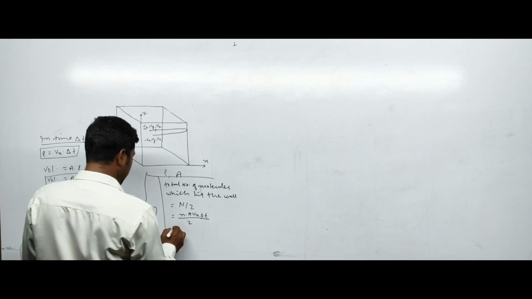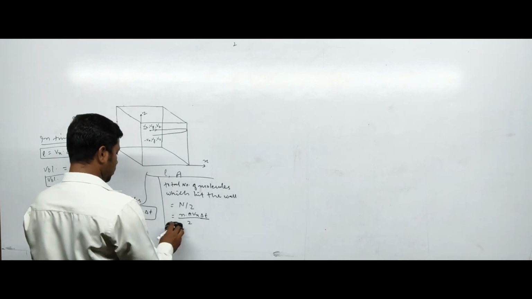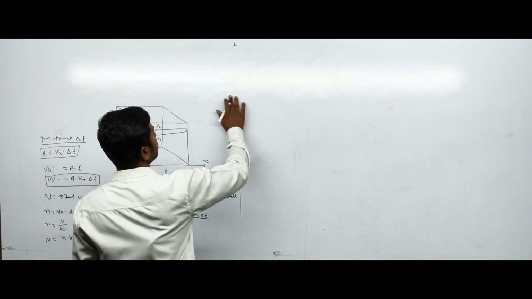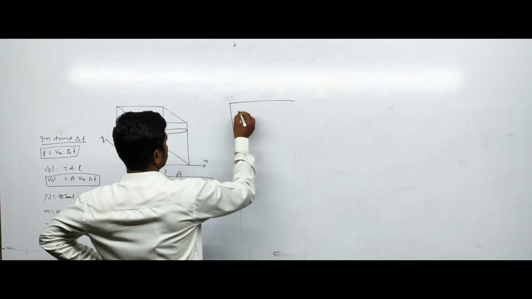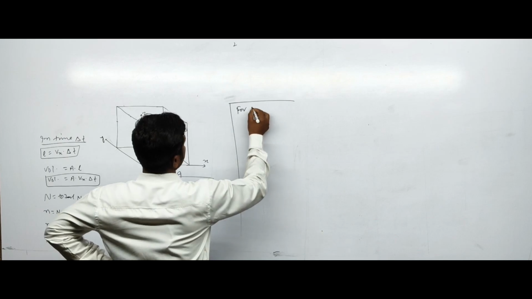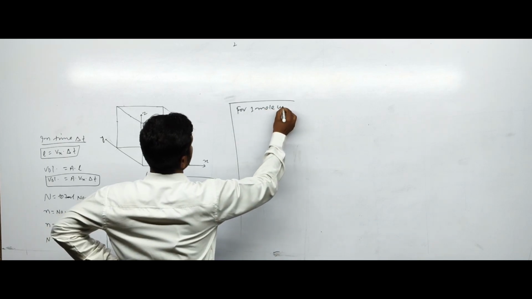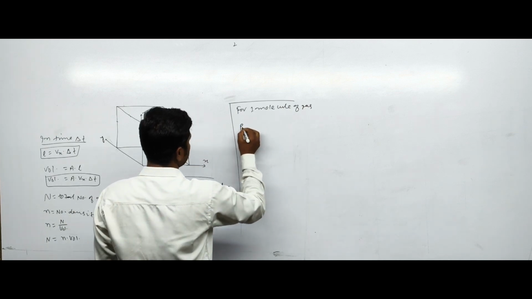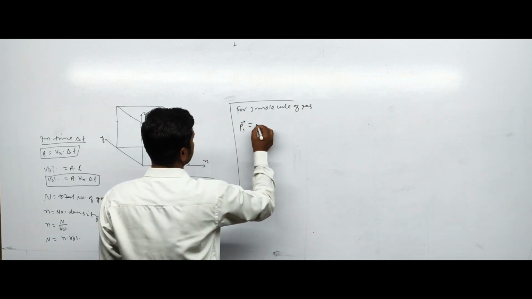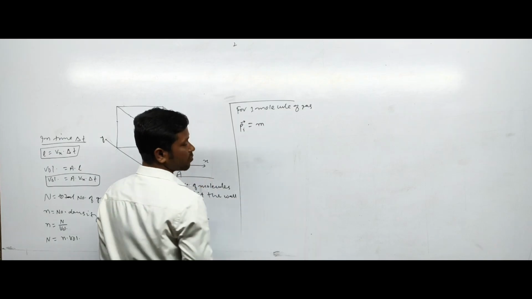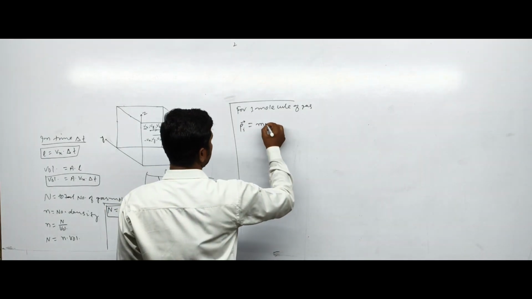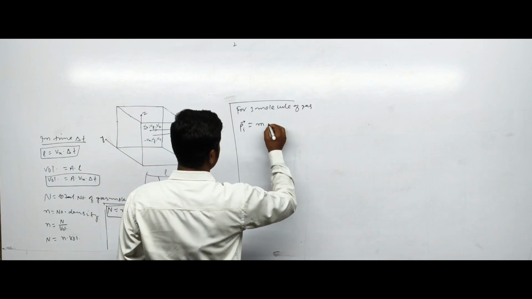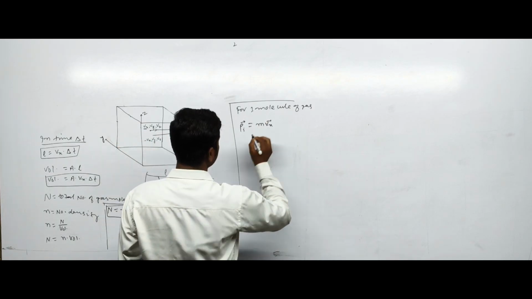Now we will calculate the initial momentum. This calculation is for only one molecule of gas. For one molecule of gas, the initial momentum is equal to the mass of one molecule, small m, into the speed of the molecule along the x direction, because the particle travels along the x direction, that is Vx.